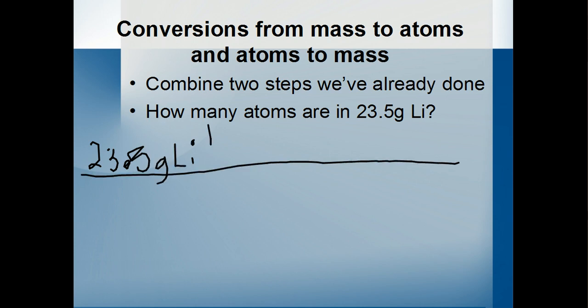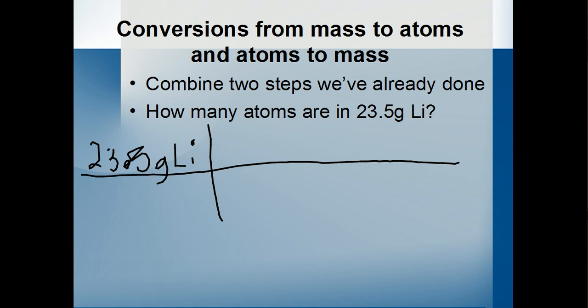From this point forward, it's going to be important to put that lithium on there. In the past it didn't really matter, but from this point forward, you're going to want to write what it is. Okay, grams of lithium. If you don't know how much lithium weighs, you're going to need to find that on your periodic table.